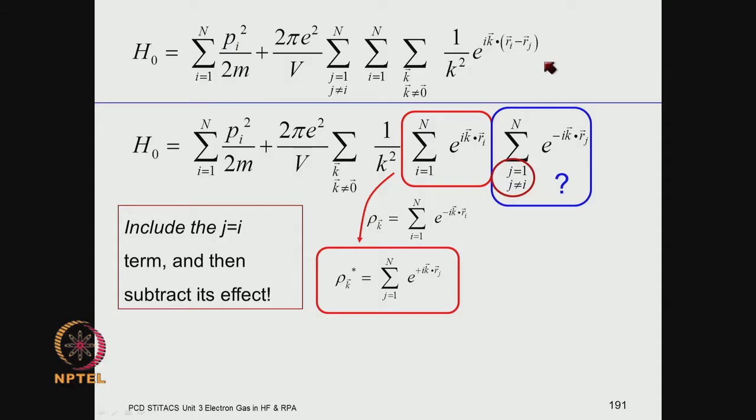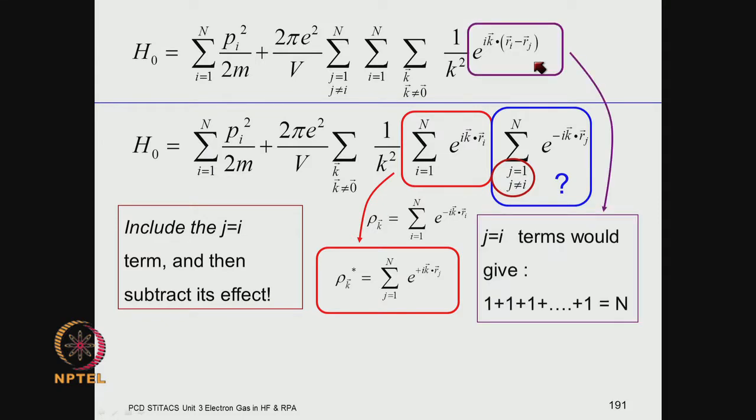Now, when you put j equal to i over here, this Ri minus Rj goes to 0. Okay? j equal to i gives you e to the power 0. So, you end up adding 1 plus 1 because e to the power 0 is 1. You keep adding 1 to itself n times and you get the total number of electrons.